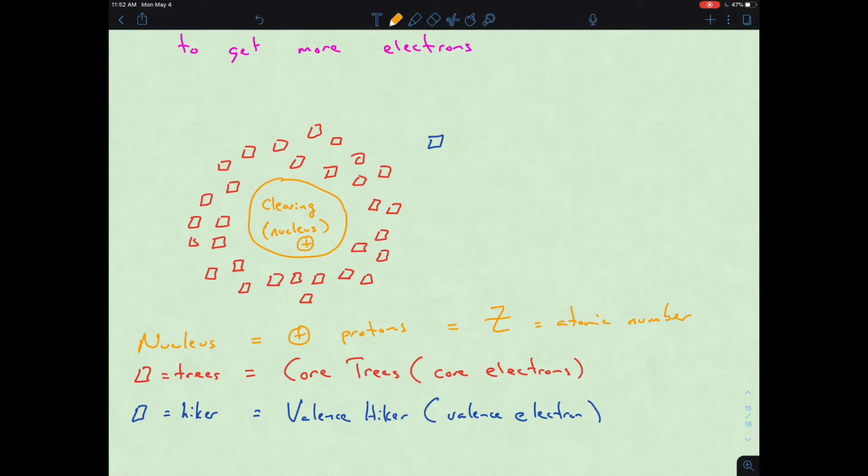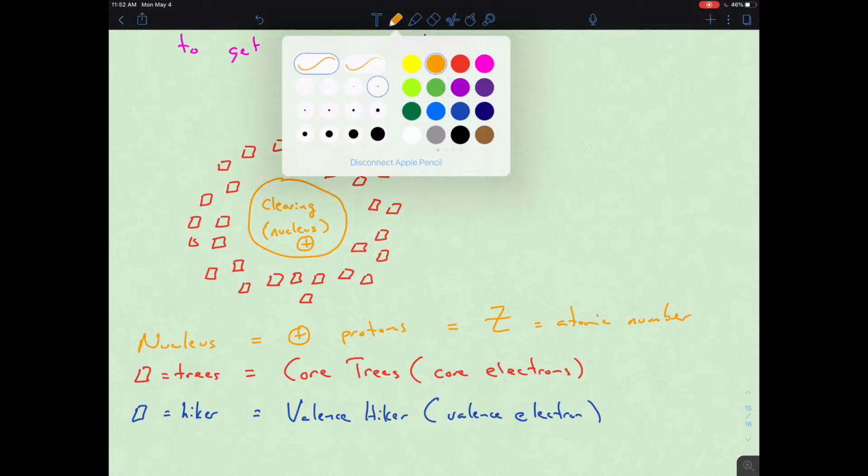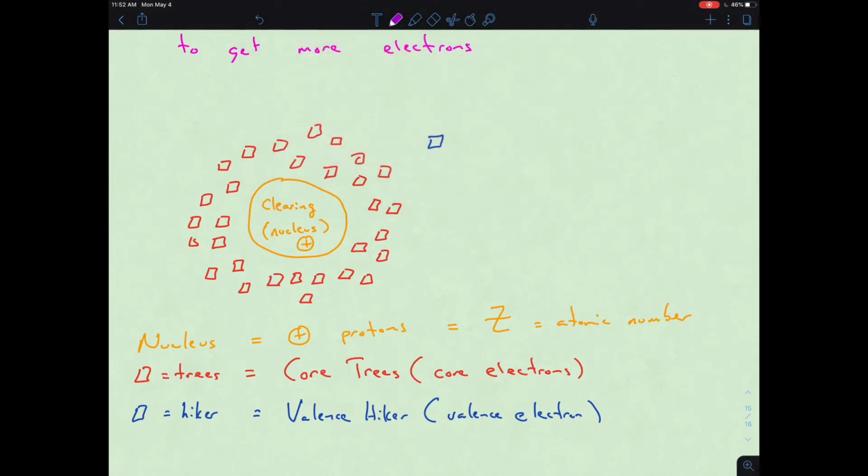So we have a certain number of protons, and these electrons are feeling an attractive force to that core, to different degrees. These are all core electrons.